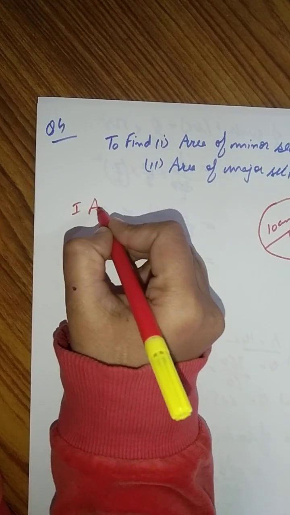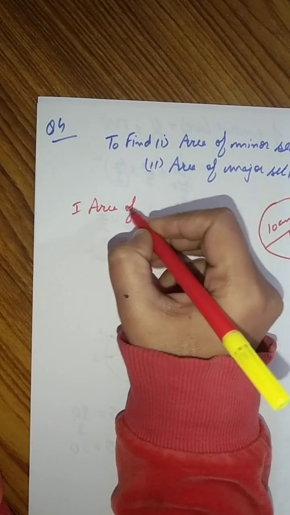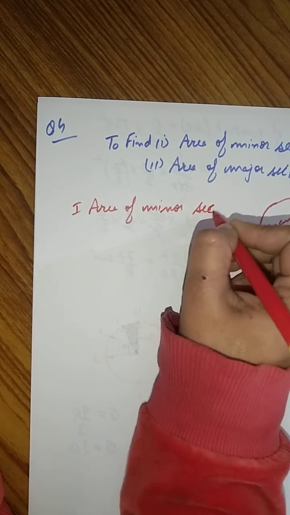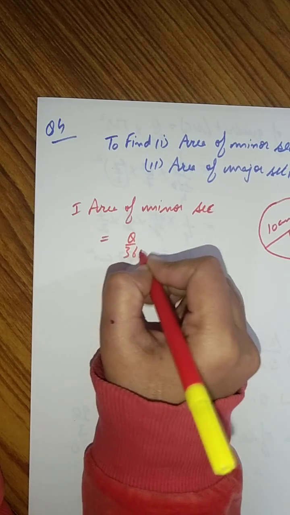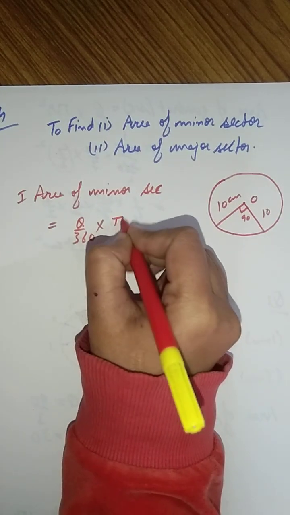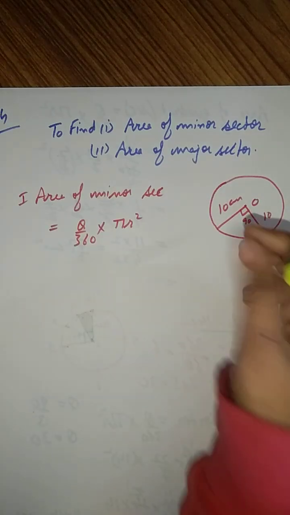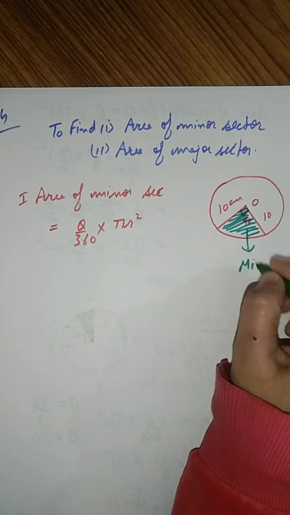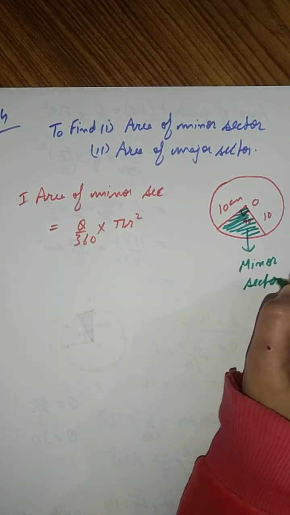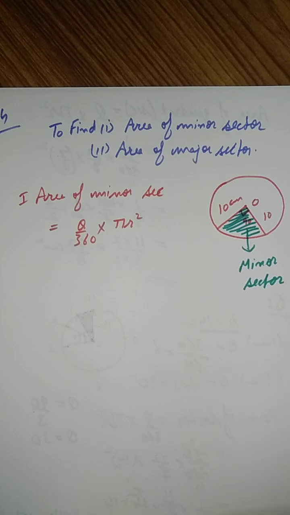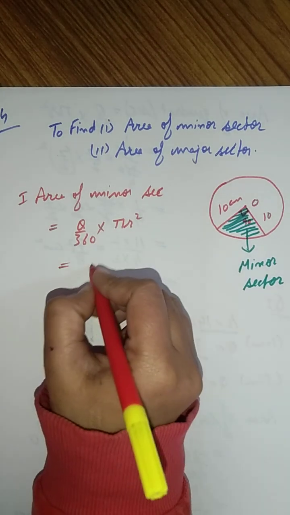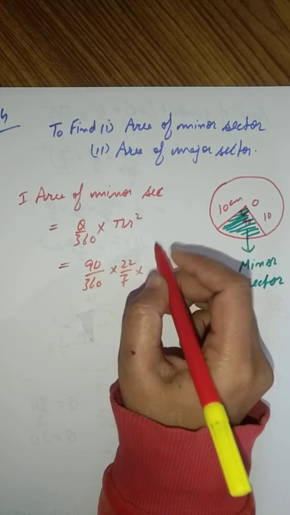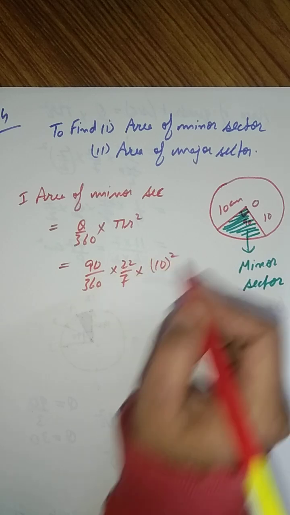First part, area of minor sector. The formula is theta upon 360 into pi r square. Now what is the minor sector? This portion is my minor sector. We are going to find the area of this portion. Theta is given to us as 90, so 90 upon 360, 22 by 7, r, and radius is given to us as 10.